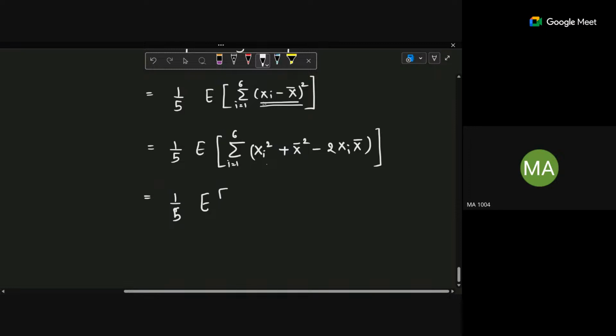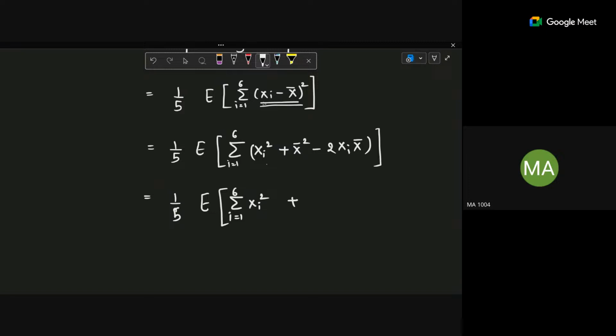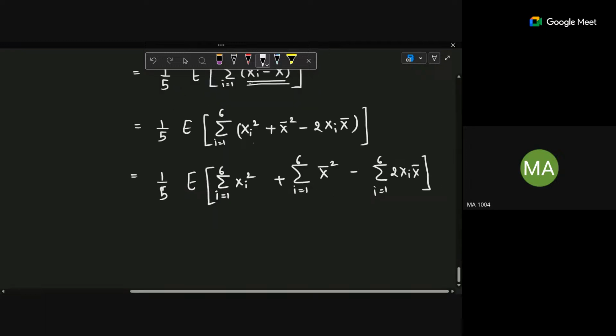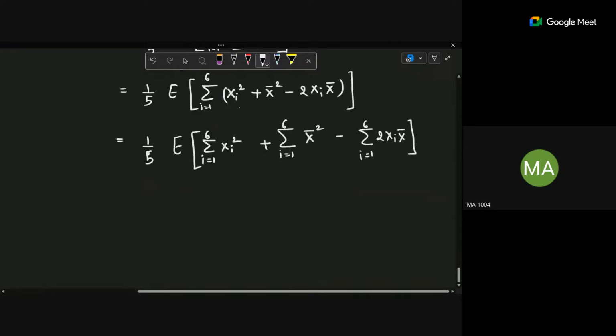It's summation i is equal to 1 to 6 of xi square plus summation of x bar square, minus summation i is equal to 1 to 6 of twice xi x bar. Then next, what will you do?